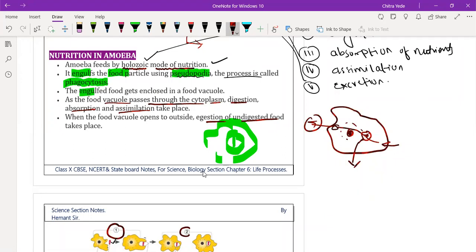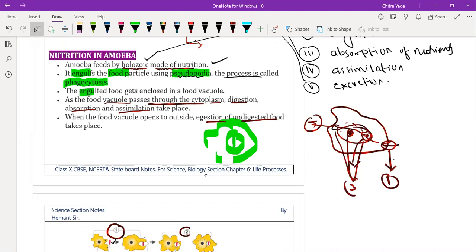Okay, and here the food being taken in is called as phagocytosis in case of amoeba. So here intake of food takes place, step number 1. Here all the three processes, which ones? Digestion, absorption and assimilation take place.